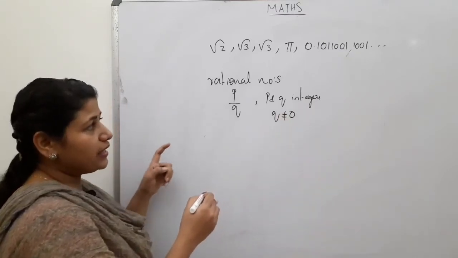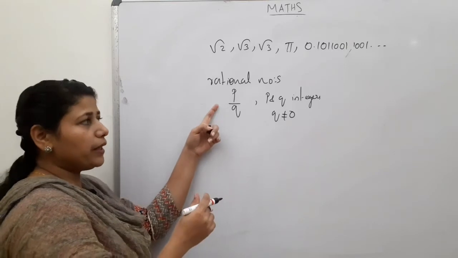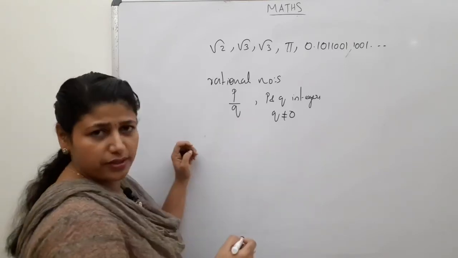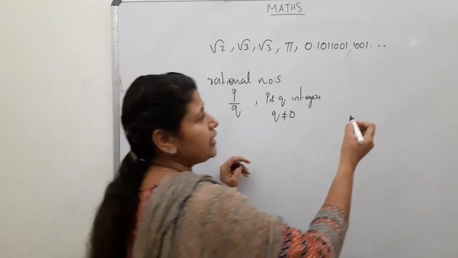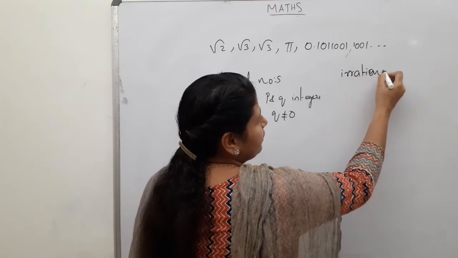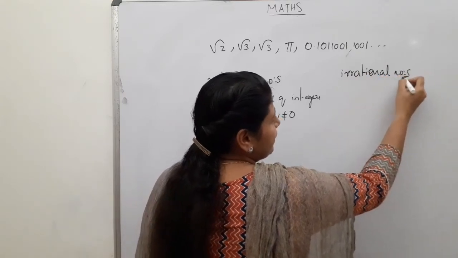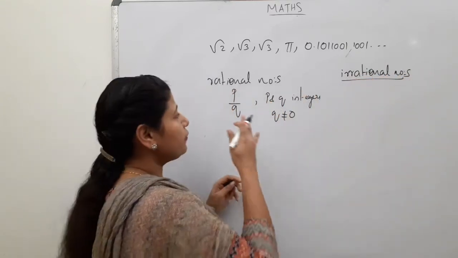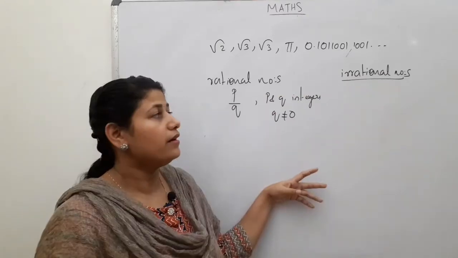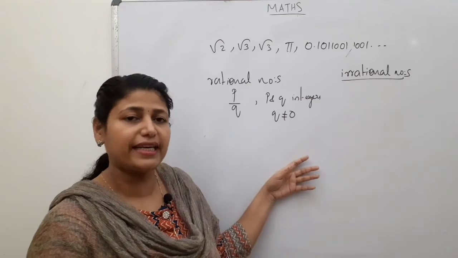So rational numbers can be written in the form p by q, and the denominator must not be equal to 0. Irrational numbers are those which cannot be written in the form p by q. These are the peculiarities of rational and irrational numbers, which you have studied in your earlier classes.